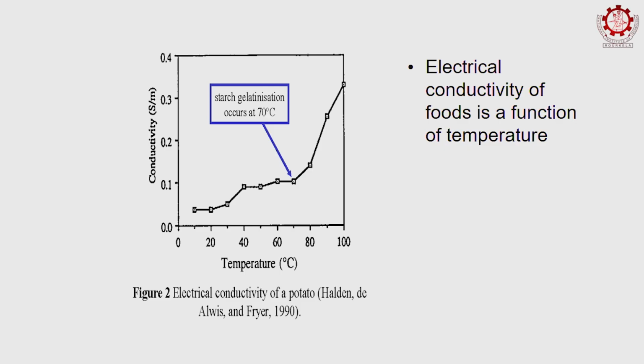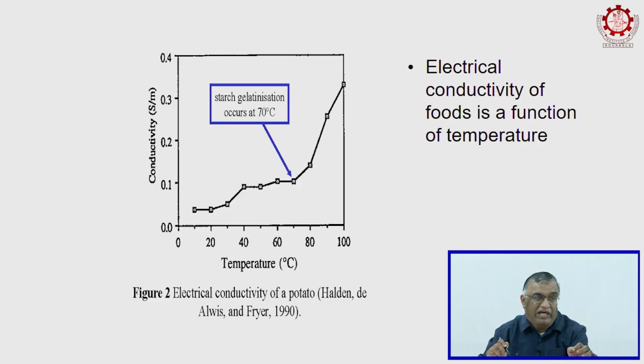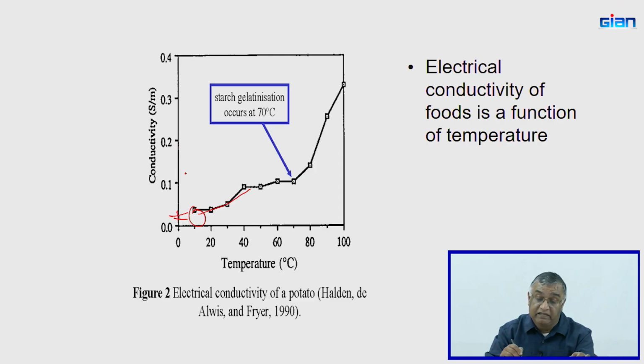This slide illustrates what happens when you are heating potato, or in this case starch, with ohmic heating. You start at 20 or 25 degrees Celsius with a certain low value, and as you warm it, the conductivity increases from say 0.05 to 0.1, then it is relatively stable from 40 to 70 Celsius.